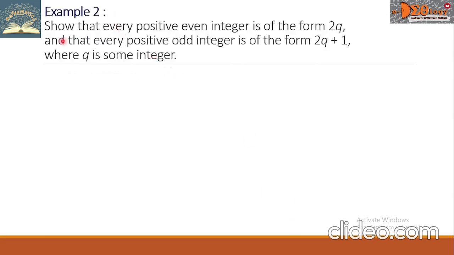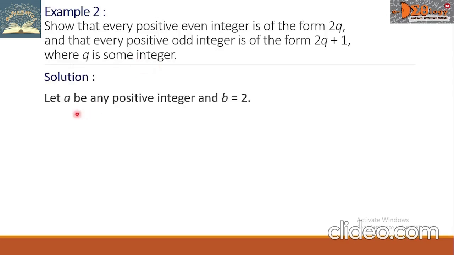Example 2. Show that every positive even integer is of the form 2q, and that every positive odd integer is of the form 2q plus 1, where q is some integer. Let a be any positive integer and b equals 2.